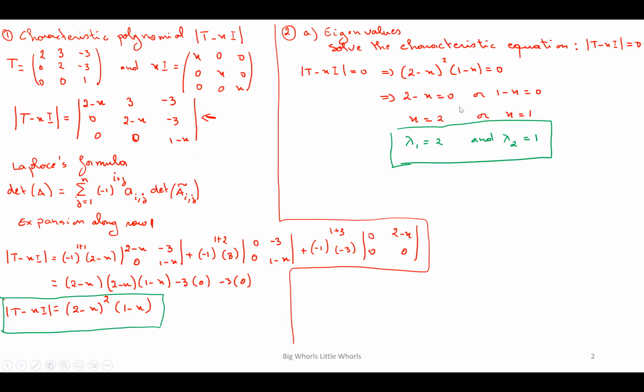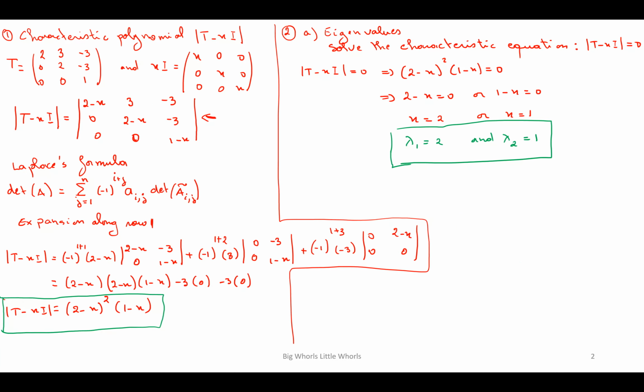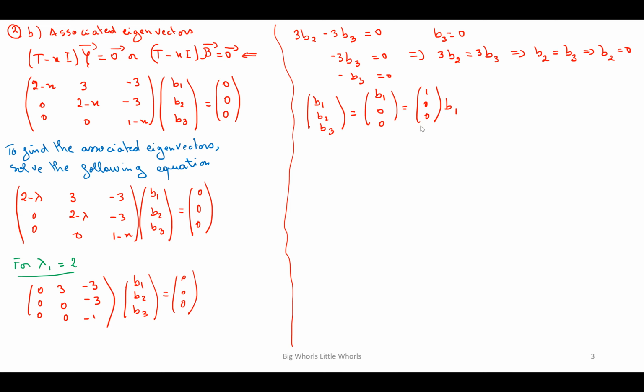So let me go step by step. We have been asked to find the associated eigenvectors. So the eigenvector associated with the lambda 1 equals to 2 is the following: 1, 0, 0 times b1, with b1 being different from 0.